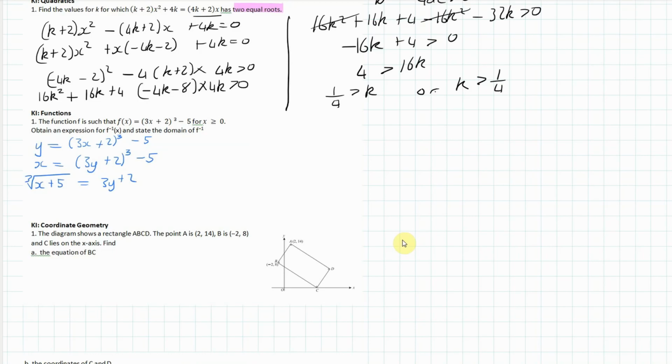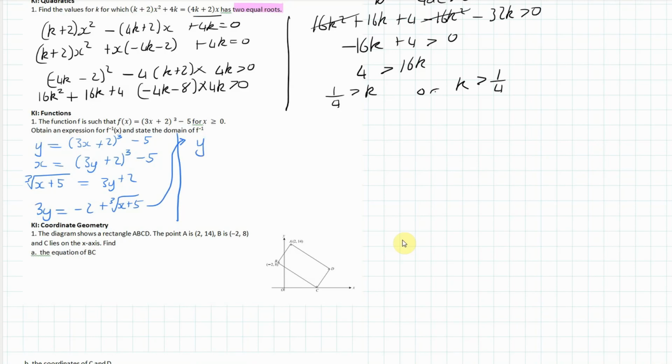Now the next step is to bring the 2 across, so I'll have 3y is equal to negative 2 plus the cube root of x plus 5. And then we divide by 3.